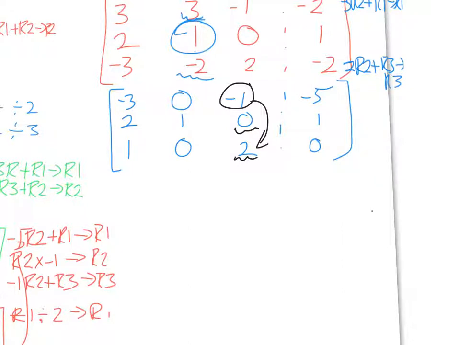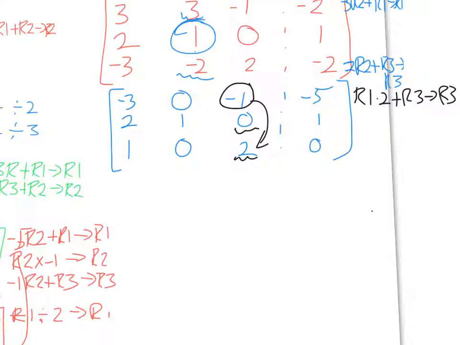We're also going to have to do some switching of things in order to make this look the way that we like it to look, but for now, let's start with that. So we're looking at row 1 times 2 plus row 3, and we're going to use that to replace row 3.